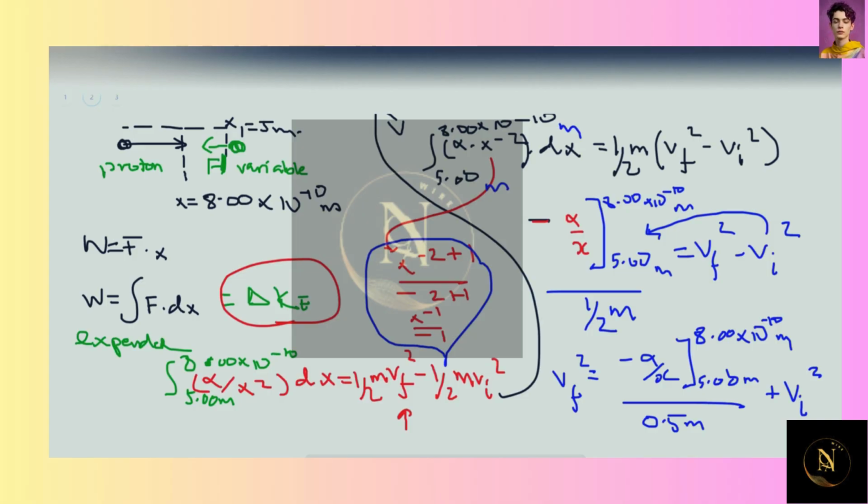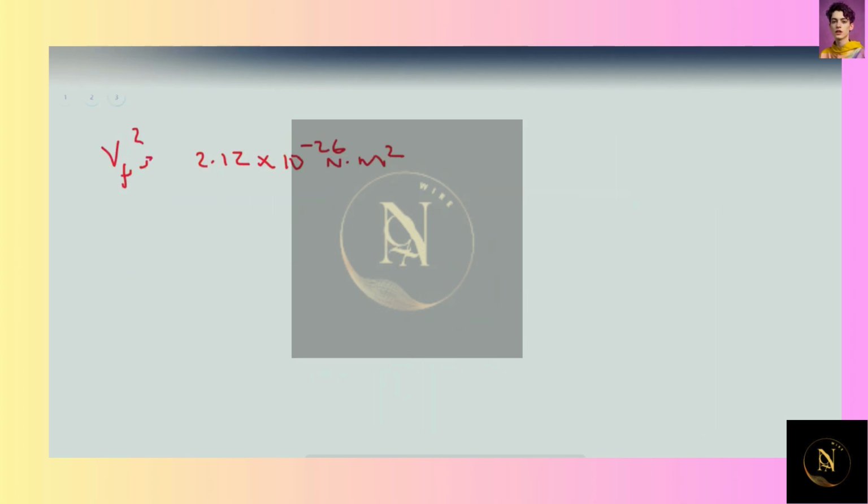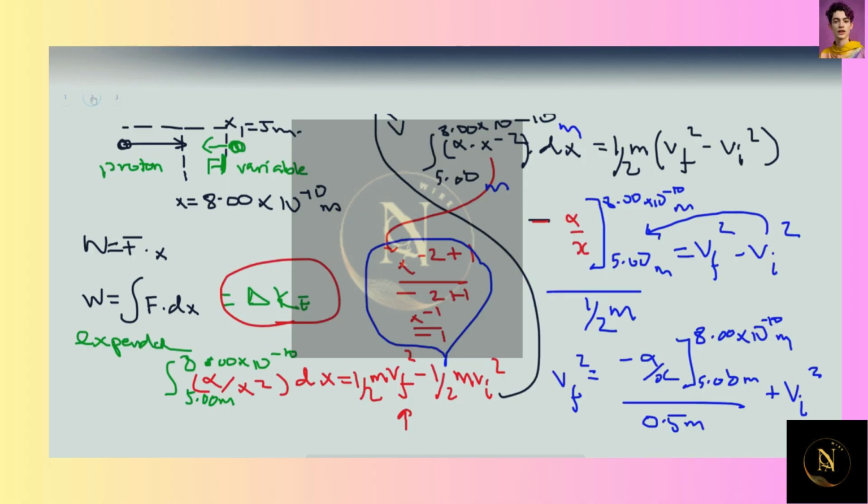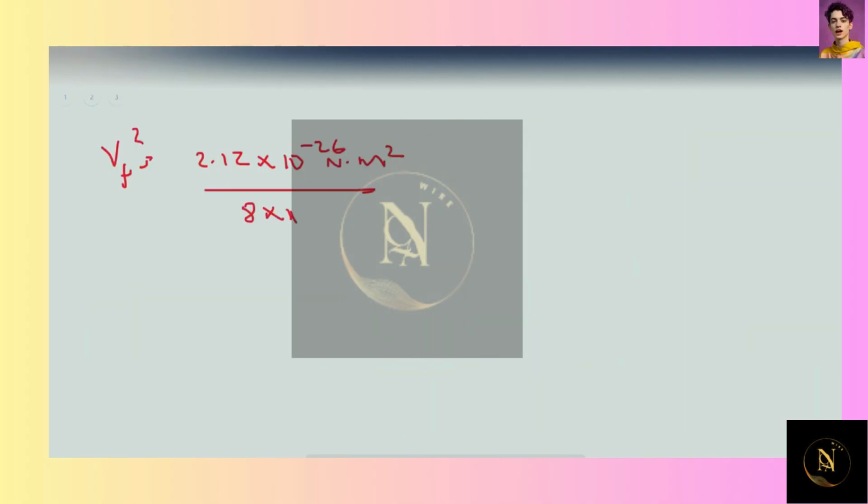And so the top limit is 8 times 10 to the negative 10 meters minus another alpha times 10 to the negative 26 Newton meter squared.